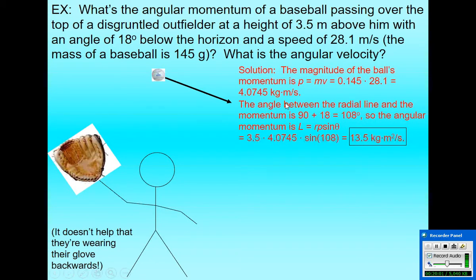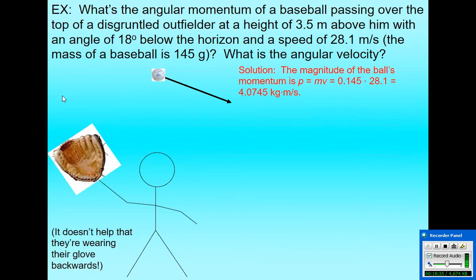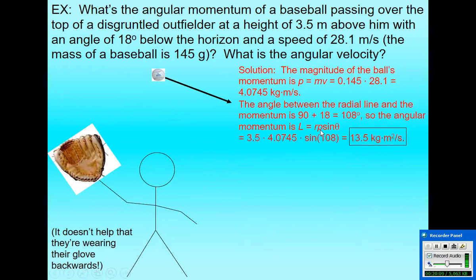The angle theta is 108 degrees, r is 3.5 meters, and the momentum p has a magnitude of 4.0745 kilograms times meters per second. So I can find the magnitude of the angular momentum, and I get that the magnitude is 13.5 kilograms times meters squared per second.